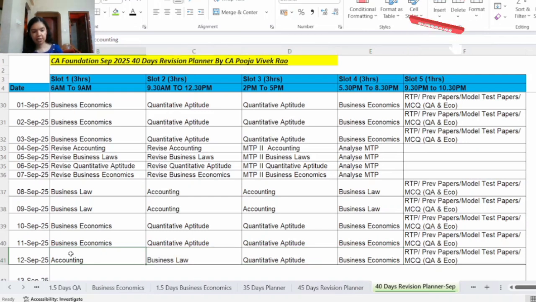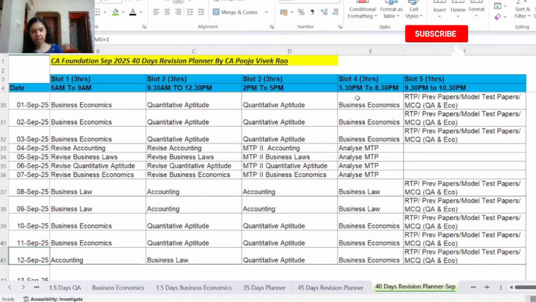And then on 12th September, we have tried to cover all the subjects on this day. So if anything else is remaining or if you want to revise any chapter, in each of the slots, we have kept one subject. Slot 1 is for accounting, slot 2 is for business law, slot 3 is for quantitative aptitude, and slot 4 is for business economics. So from 7th August to 12th August, from slot 1 to slot 4, you will be able to complete revising all the subjects, plus you will be attempting the mock test paper.